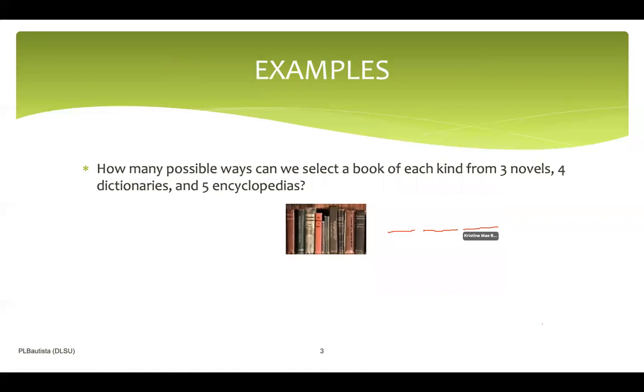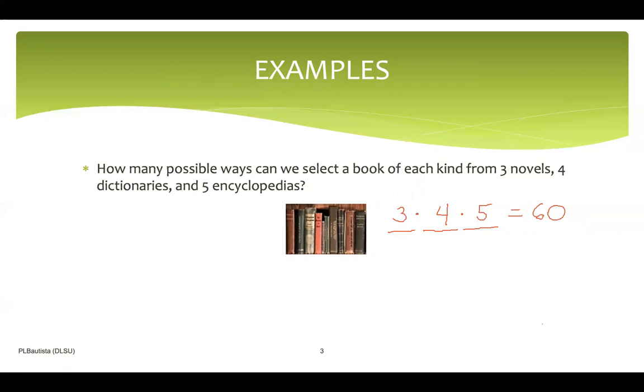In this case, we need one blank to select a novel, a dictionary, and an encyclopedia. Since there are 3 novels, 4 dictionaries, and 5 encyclopedias, you just have to multiply 3 times 4 times 5. And that means there are 60 ways to choose one of each kind of book.